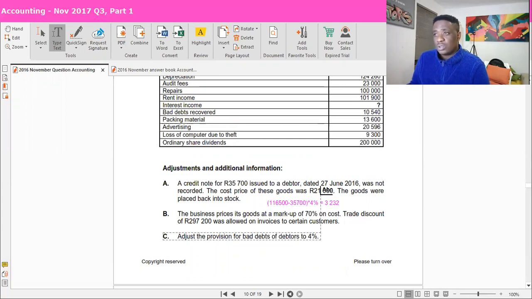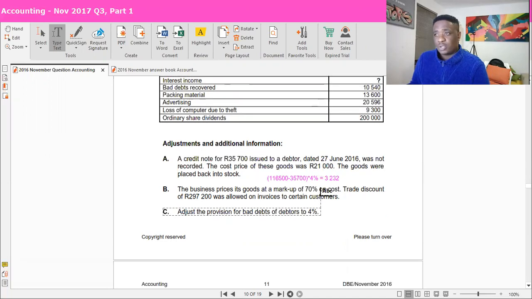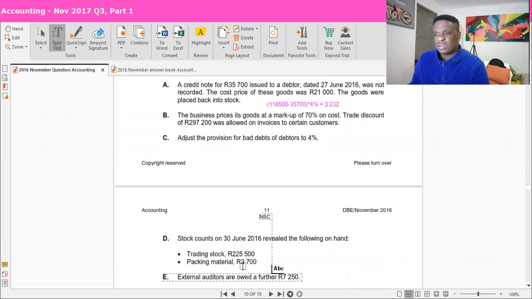So 209,500 plus 21,000 goes to about 230,500. And if you compare that to this trading stock here, which is 225,500, it's 5,000 above the amount for the actual stock that is on hand. So that is a deficit that will be recorded in the expenses.